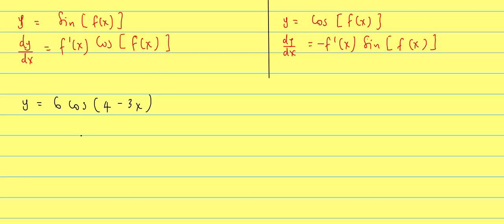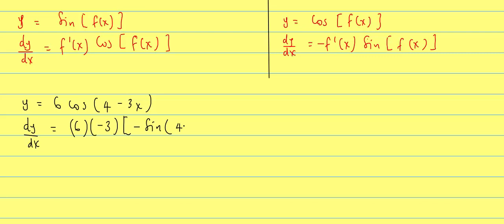Welcome back. I hope you had some success. So we're going to do the same strategy. dy/dx is going to be equal to, the coefficient stays the same, so we're going to have it as 6. We find the derivative of the angle, and it's going to be equal to -3. We differentiate the trig ratio, and the derivative of cos is going to be equal to negative sine.